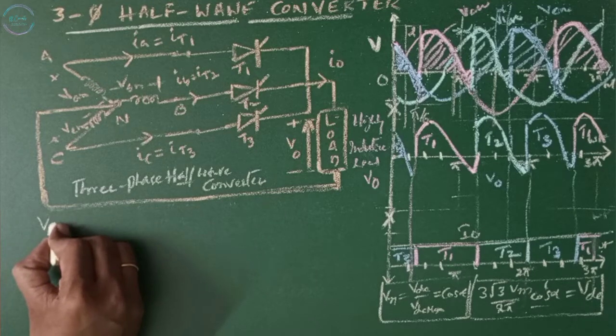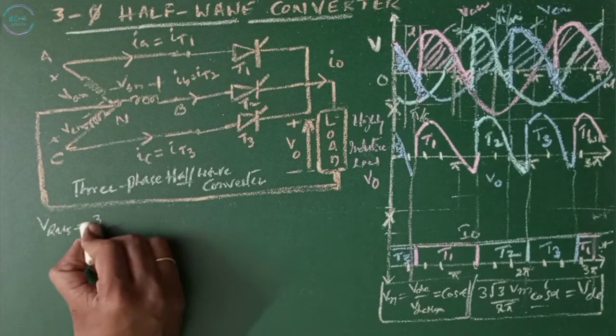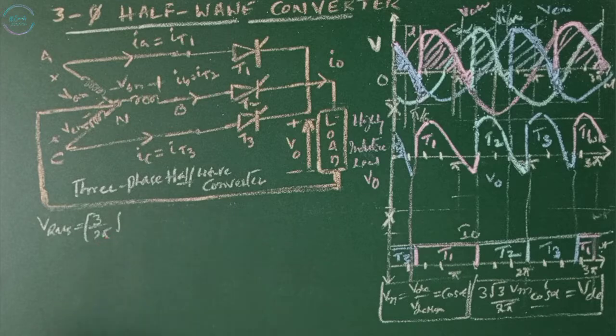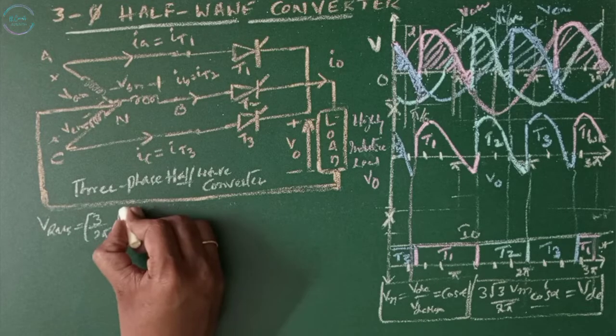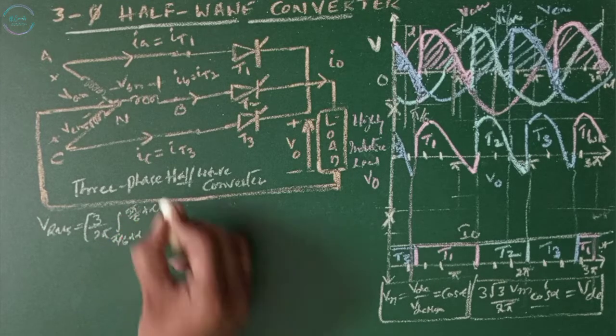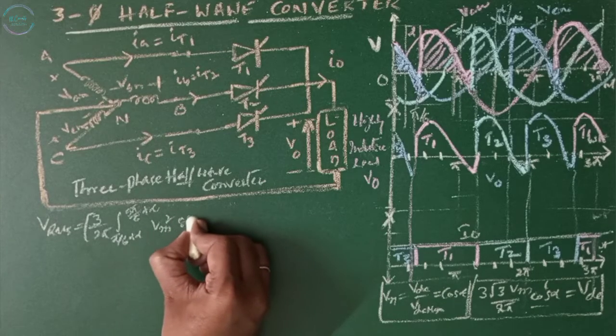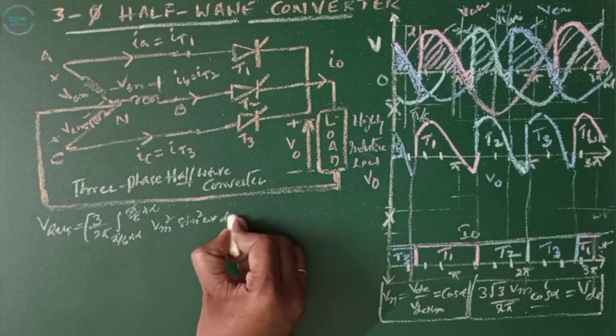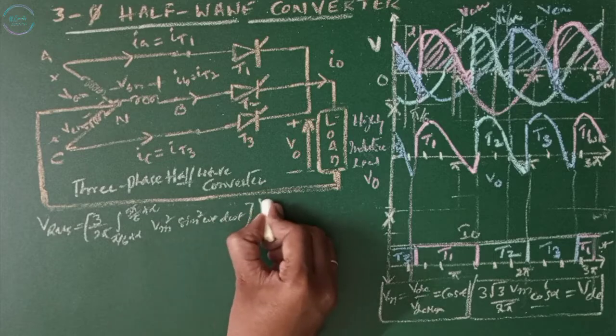The RMS value, V RMS, equals 3 by 2 pi times the integral from pi by 6 plus alpha to 5 pi by 6 plus alpha of Vm square sin square omega t d omega t, whole to the power of 1 by 2.